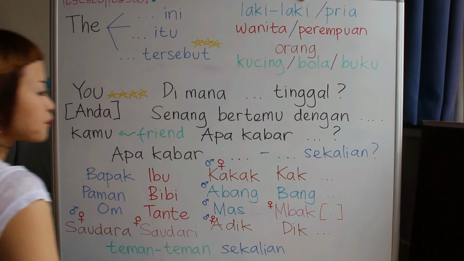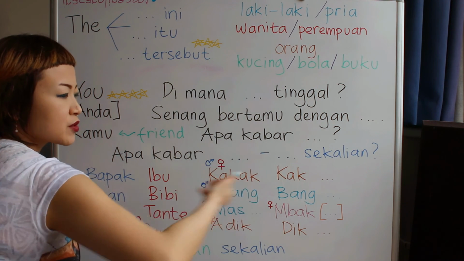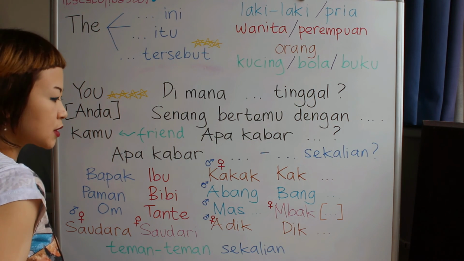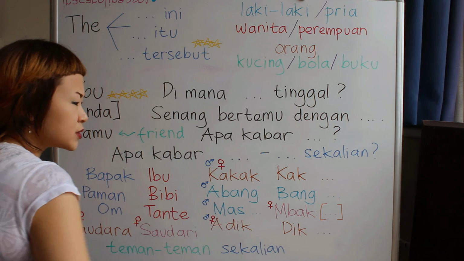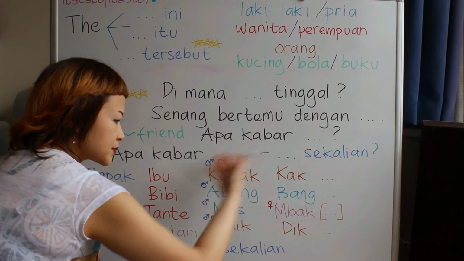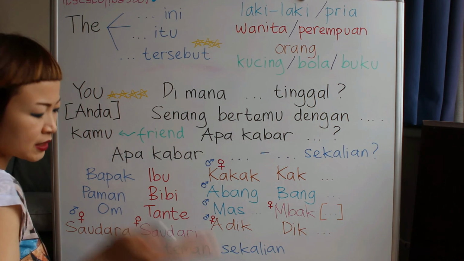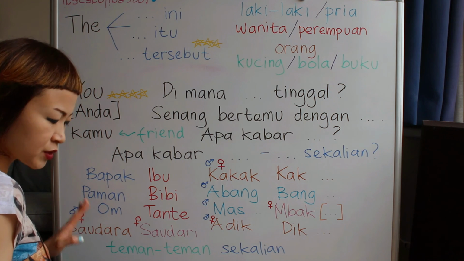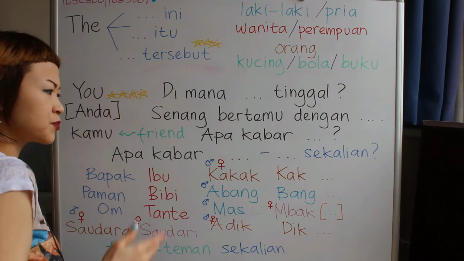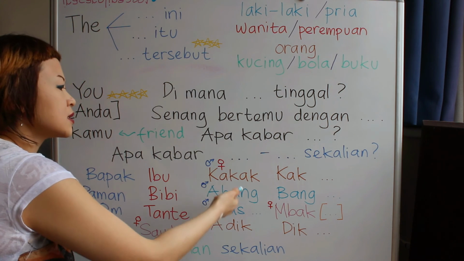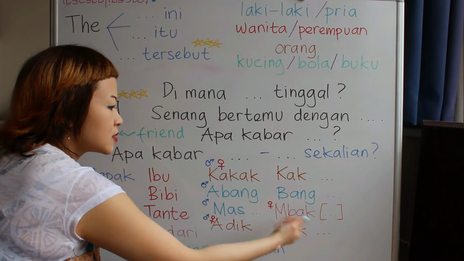It's tentative. So if they are older than you, even though it's only, I don't want to sound ridiculous, maybe two weeks or so, they're older, you have to call them with this one. Because if you just call them by name, it's not polite unless the person says it's okay. Most Indonesian people use the hierarchy, especially for older people. We have to say kakak, abang, mas, kak, bang, bak.